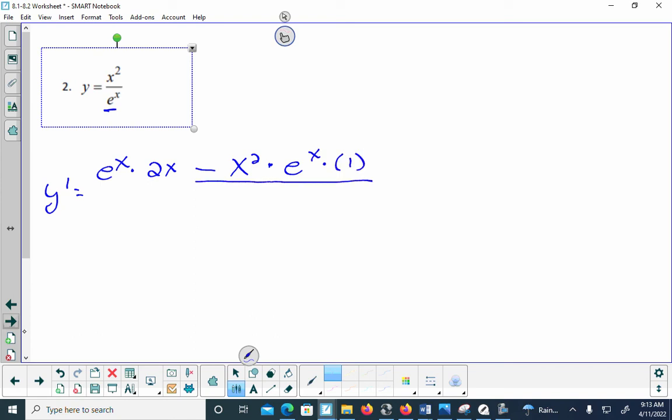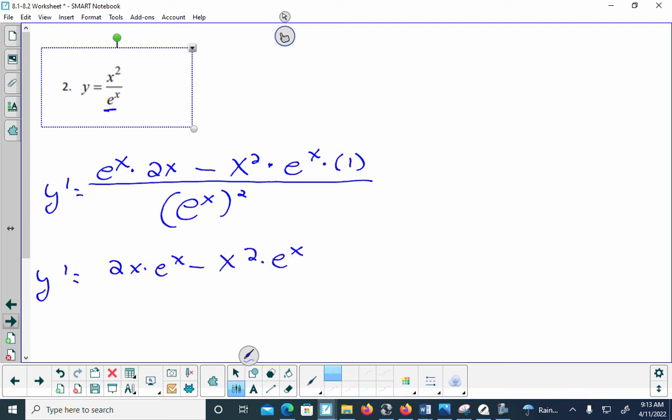Then I square the denominator. So when I rewrite that, I'm going to have 2x times e to the x minus x squared times e to the x, all over e to the x squared.